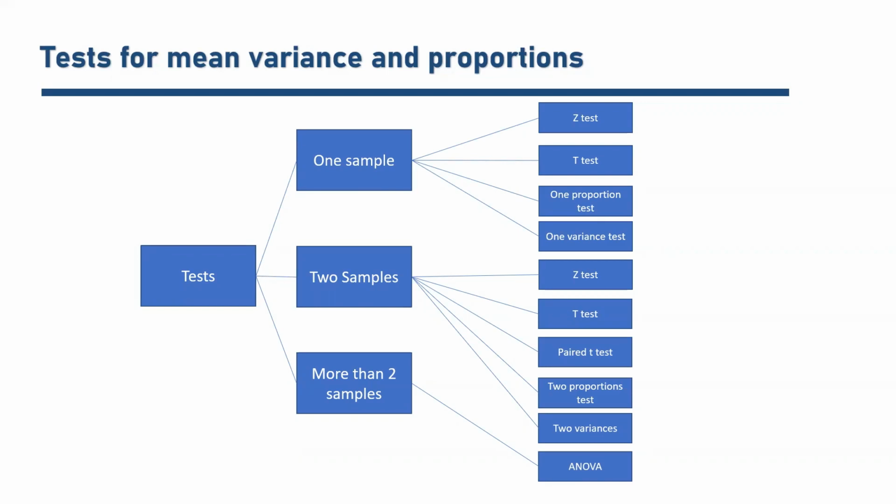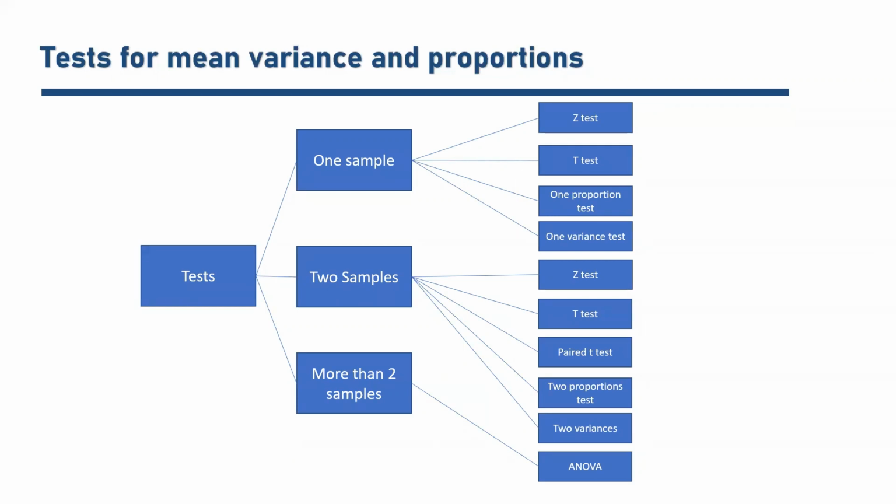One sample is something we will look into in this class: at least the Z test, T test, and one proportion test. We'll try to cover the one variance test, but I think that would be too fast and we would not be able to understand. So we'll go through the Z test, T test, and one proportion test. Then we have two sample tests: Z test, T test, pair T test, two proportion test, and two variance test.